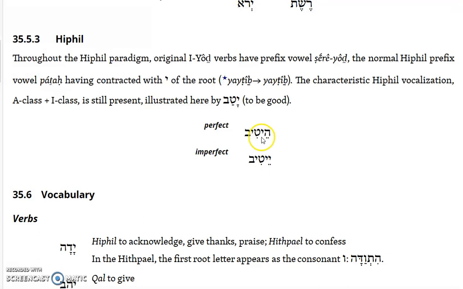But because of the first Yod being a weak letter, it ends up instead being a Hetiv instead of a Hitiv. And that Sere also shows up in the imperfect as well. Yetiv, he will cause to be good or increase the goodness of.